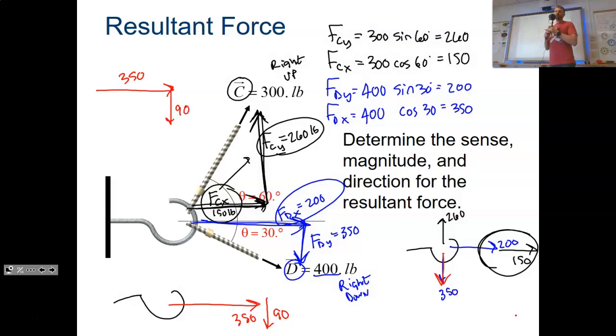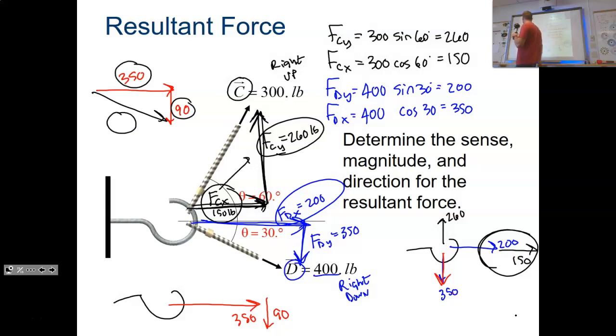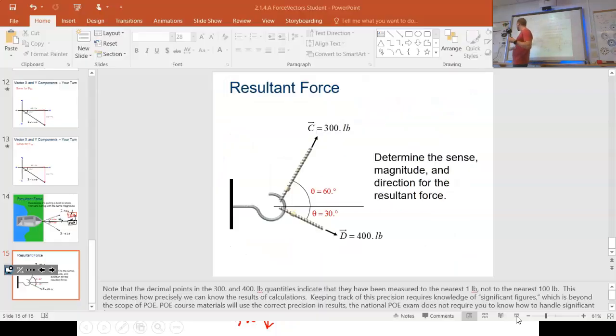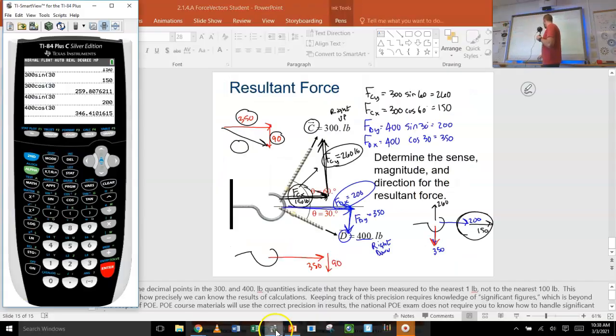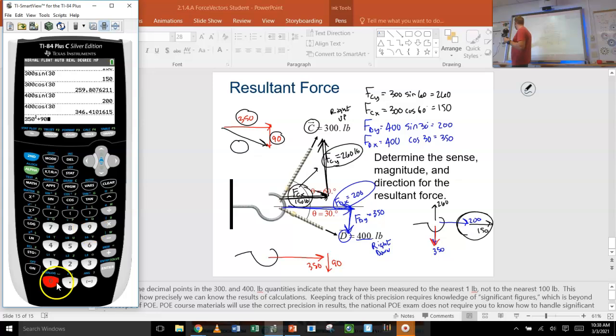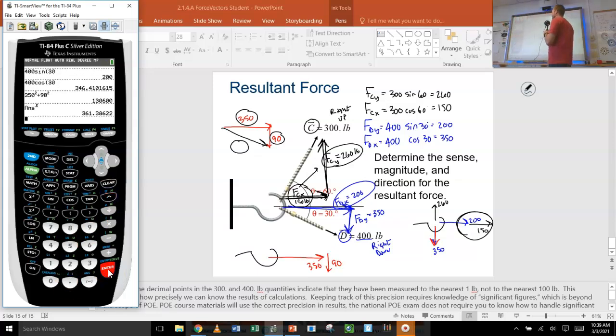So we can figure out what the resultant force is by using the Pythagorean theorem. a squared plus b squared equals c squared. So I'm going to grab my calculator, and go 350 squared plus 90 squared, and take the square root of that. 361.